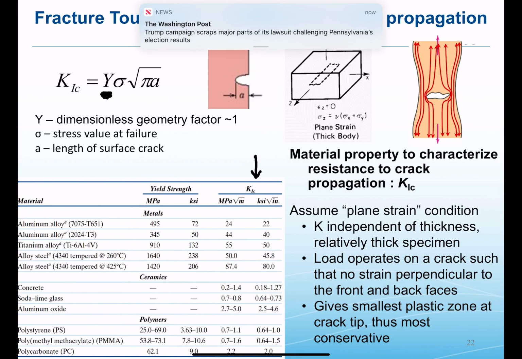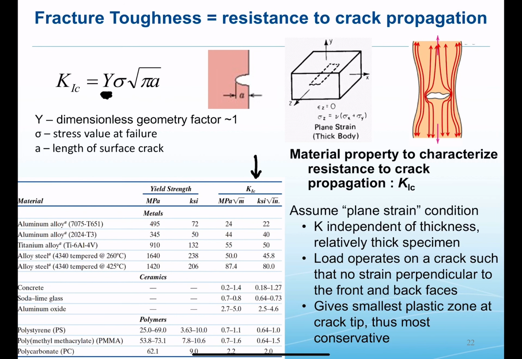If it's large relative to certain surface flaws, then this geometry factor of 1 can be applied. If the dimensions of the sample approach the dimensions of the surface flaw, Y will differ. Okay, so for the majority of our questions, we'll be able to handle a Y of 1.